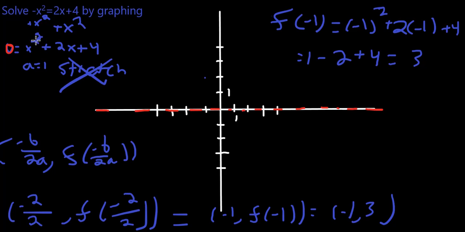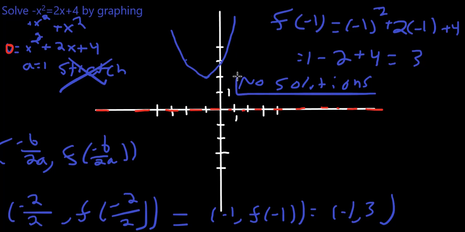Then since I don't have a vertical stretch or shrink and it's not flipped, when I go over 1, I go up 1. So my parabola is going to look something like this. Here, however, it has not crossed the x-axis, which is what we're trying to find, because we're trying to find the intersection of this parabola with this horizontal line that is the x-axis. So this means there are no solutions.